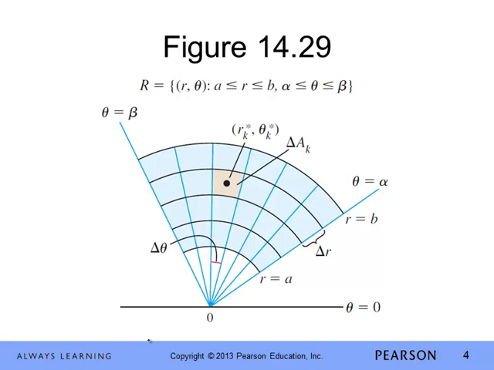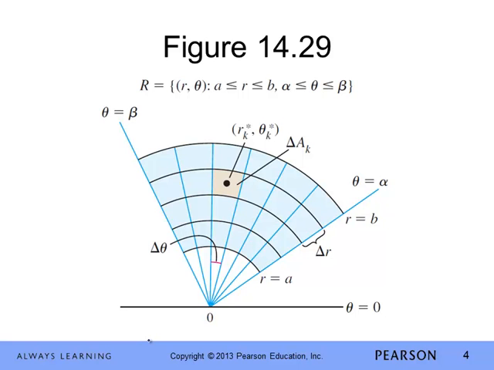Remember, we chopped up your region on the xy plane into a bunch of rectangles, and each rectangle, let me blow up one of these rectangles, was delta x by delta y. So each element was dx dy when you take the limit as delta x and delta y go to 0. So dx dy, dy dx were the two dA elements for your rectangular double integral.